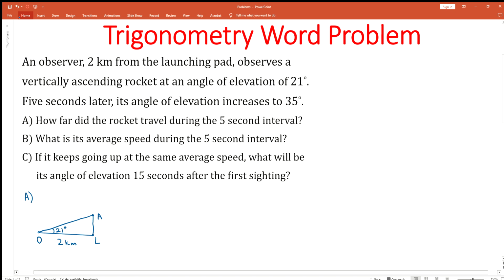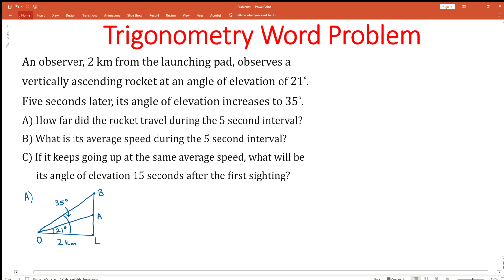After 5 seconds, the angle of elevation of the rocket increases to 35 degrees. Let's assume the rocket is at point B after 5 seconds. So the measure of this angle is equal to 35 degrees. We have to find how far did the rocket travel during the 5-second interval.